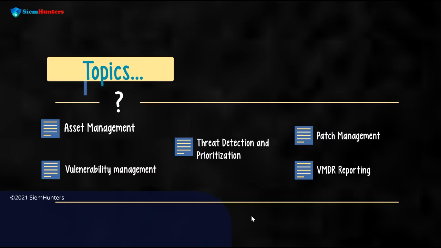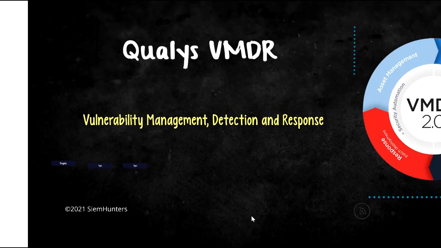So now let's see what all are the topics that you are going to learn in the VMDR. Asset management, vulnerability management, threat detection and prioritization, patch management, and lastly VMDR reporting.